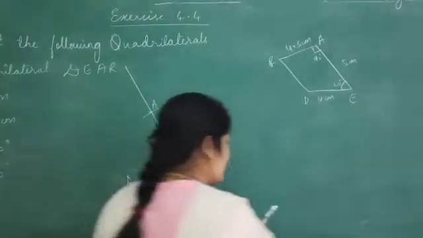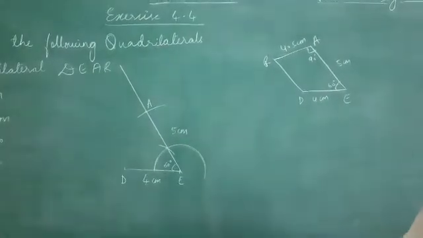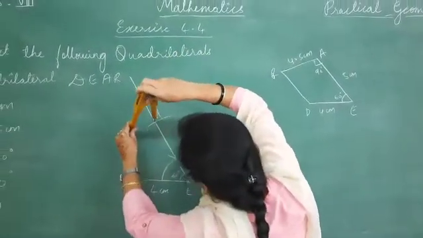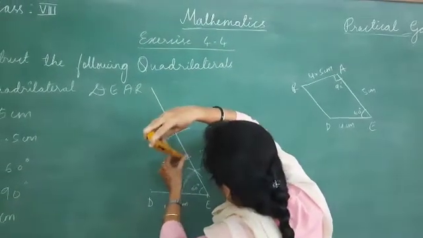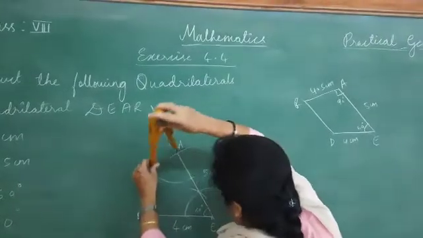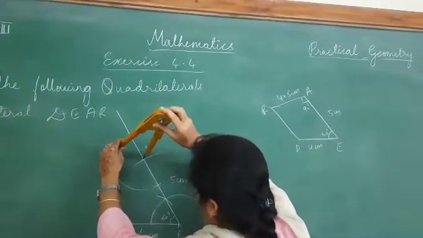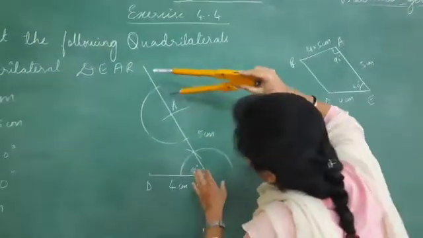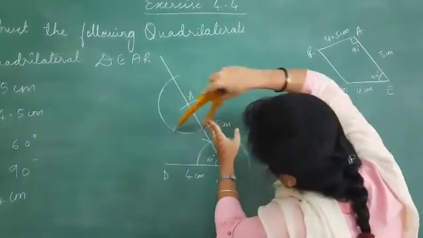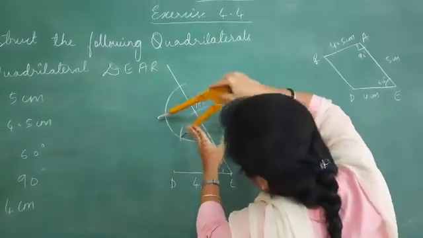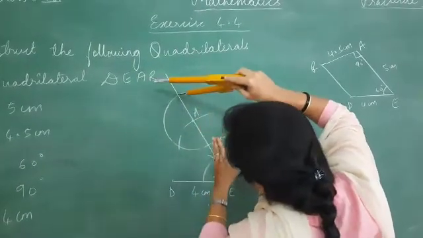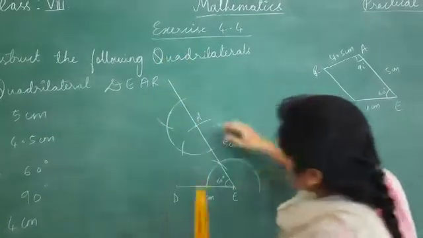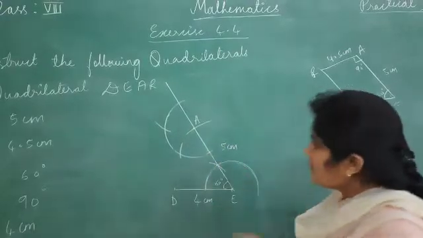Now, keeping A as center, draw the arc. Now, cut the arc using the same length, from both the points, from the end of this semicircle.